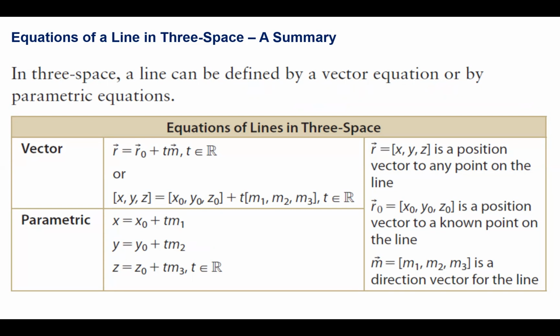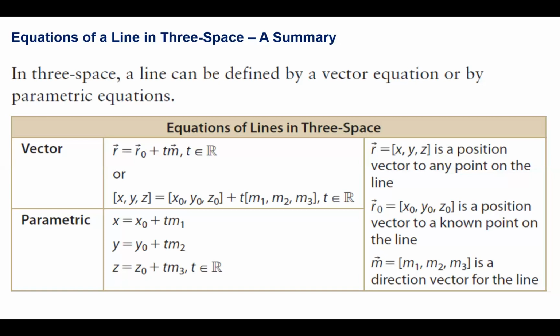First of all, the vector form of the equations of a line in three space is given by vector r equals vector r naught plus t times vector m, where t belongs to the real number set. Or you can also write it in this way.